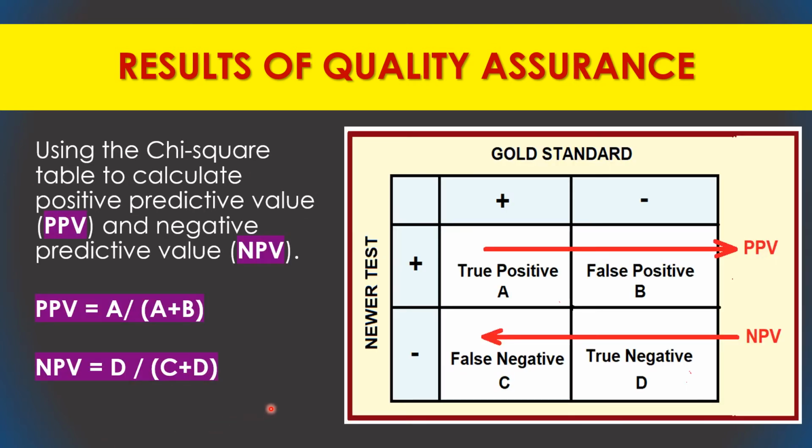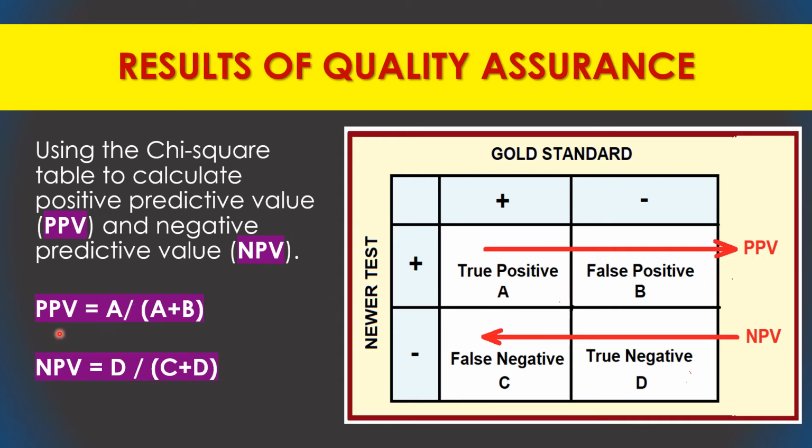So as we see here, this is the chi-square table to calculate the positive predictive value. This is the true positive, and this is the false positive. How can I get the positive predictive value? I take the true positive and divide it by the whole positive, the true and the false positive.